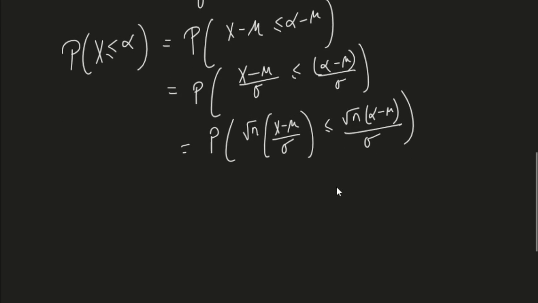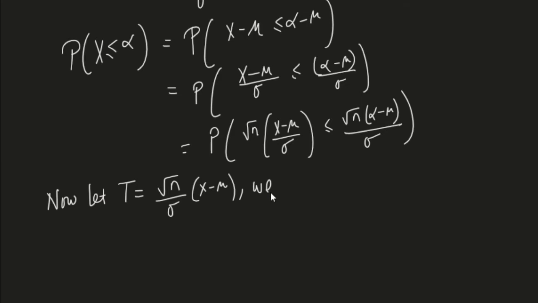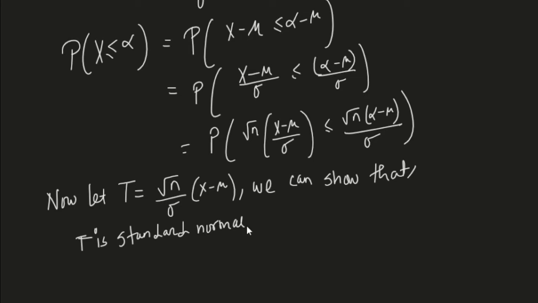Now this x minus mu by sigma multiplied by root n, let t equal root n by sigma into x minus mu. We can show that t is standard normal, that is, t follows normal of 0 comma 1.